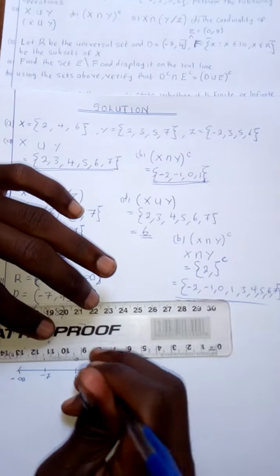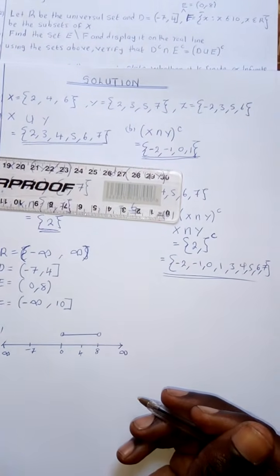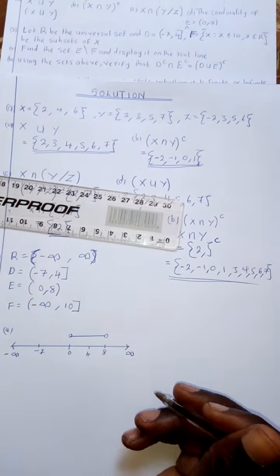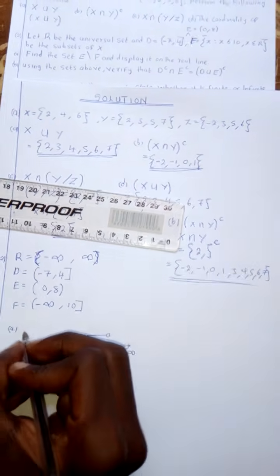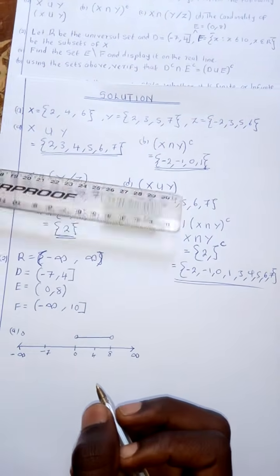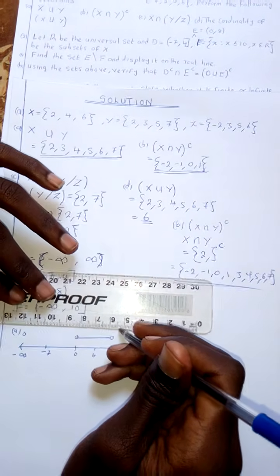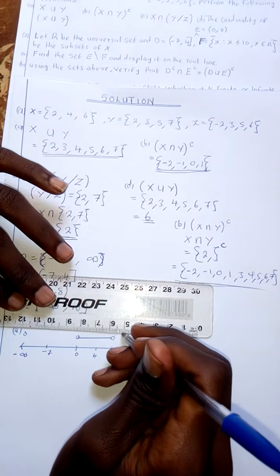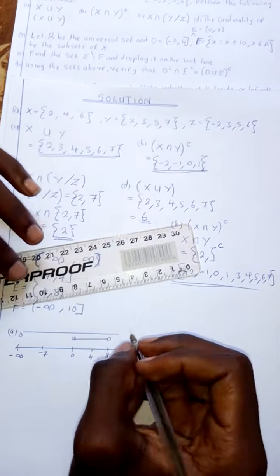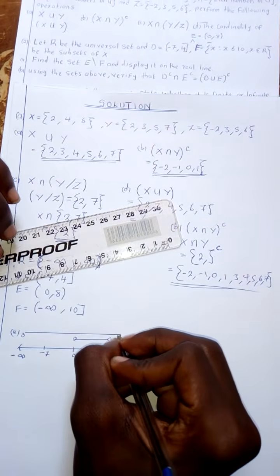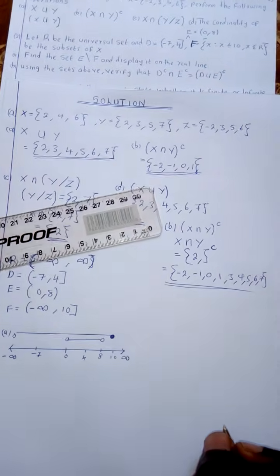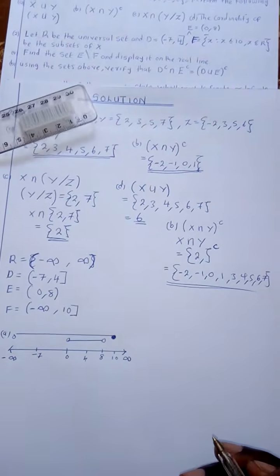Then we draw a line like this. Then for F, we draw an open circle from here. Since they are saying 10 is included, we put a 10 somewhere here, and a dotted point like that to show that it's included.